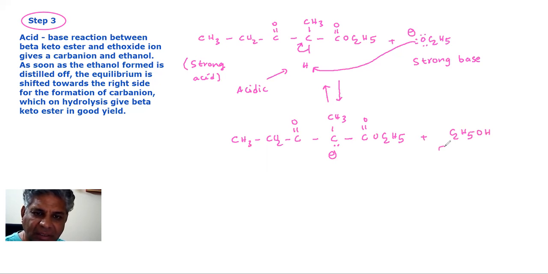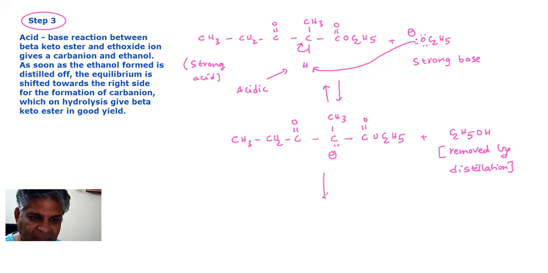Now this ethanol is removed by distillation. Once this is removed by distillation, the equilibrium shifts towards the right, towards the formation of the carbanion.